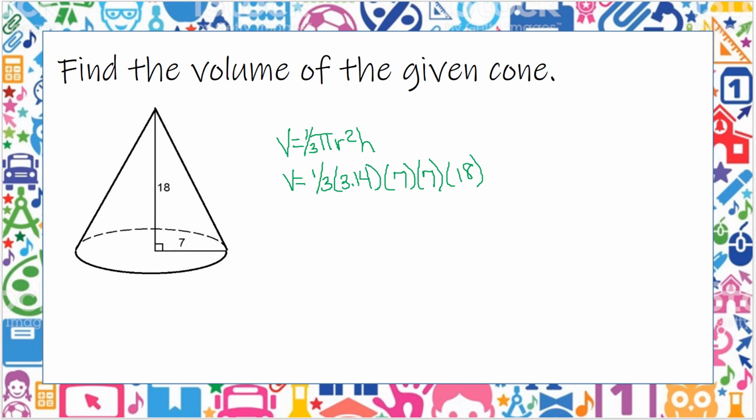And then I'm going to multiply by 1/3 or divide by 3, same thing. And I do get the volume is 923.16 or 923.2. And since it doesn't give us the units, I'll just put units cubed.